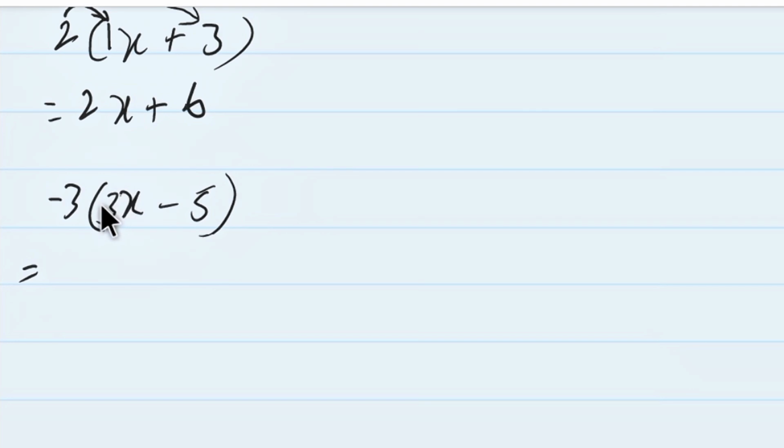So if no symbol is given with a value, then we all know that its value is positive. So first we will multiply minus with plus, so minus multiplied by plus is minus. Then we multiply numbers, 3 threes are 9. Then we will multiply variables, since it has no variable, we will only get x.